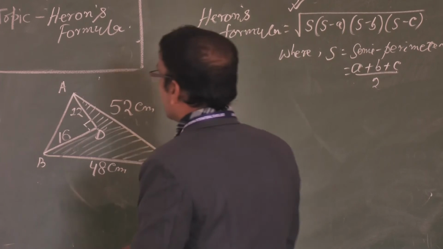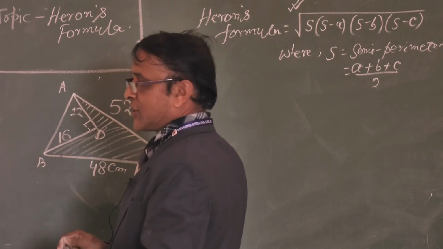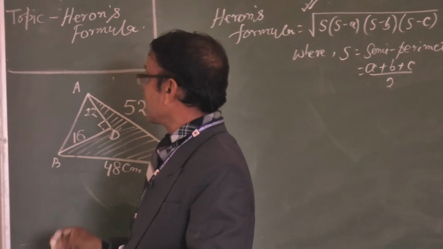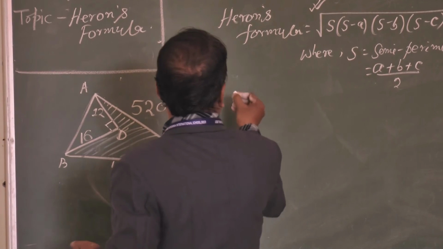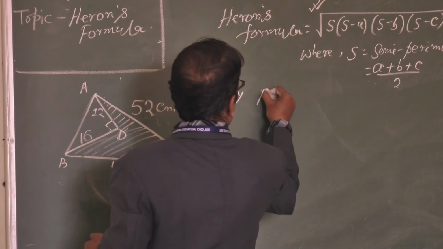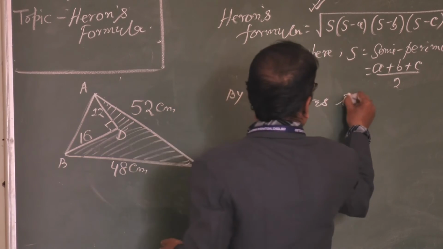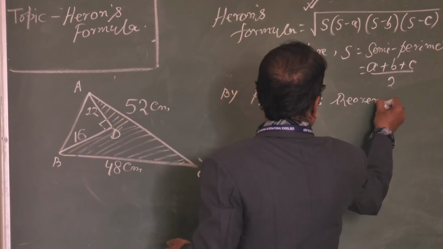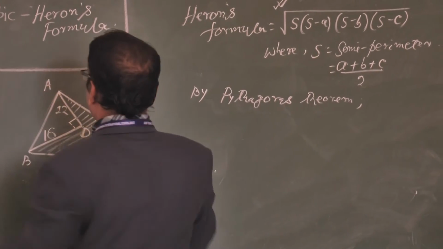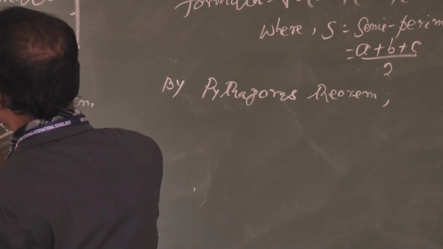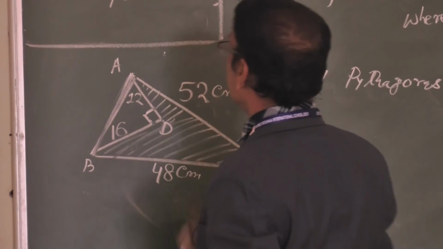Now you see, we don't know this side. So by using Pythagoras theorem we can find it. This AB is the hypotenuse, just opposite to the right angle.